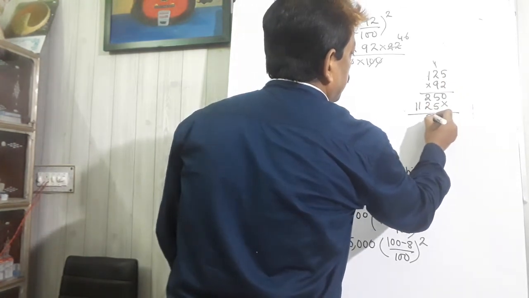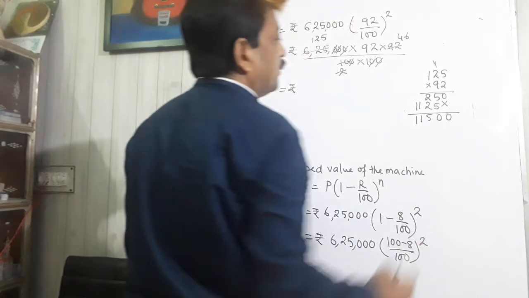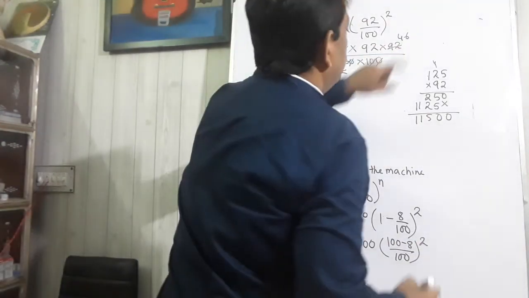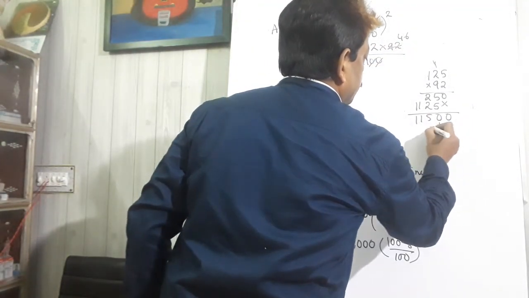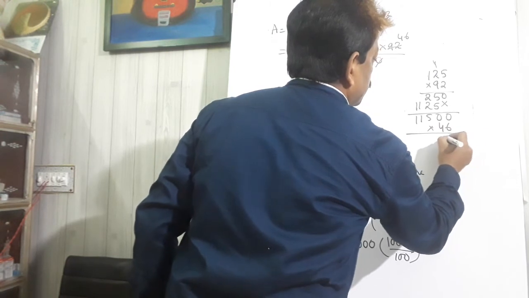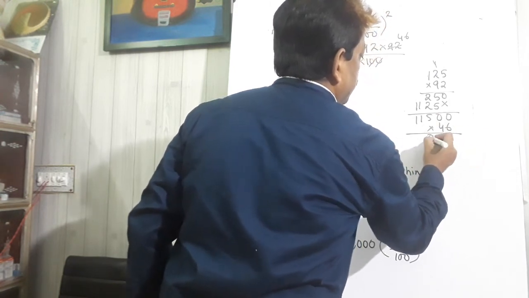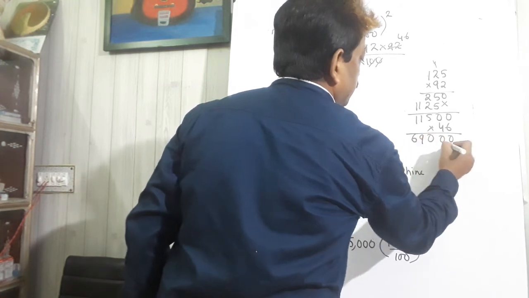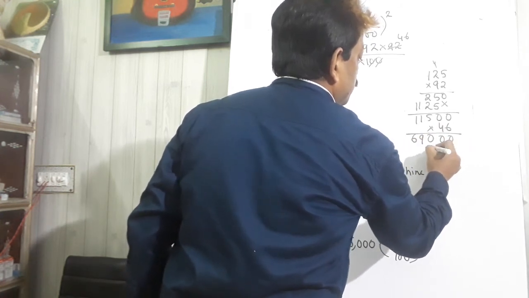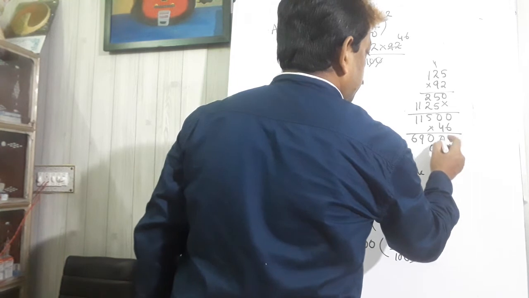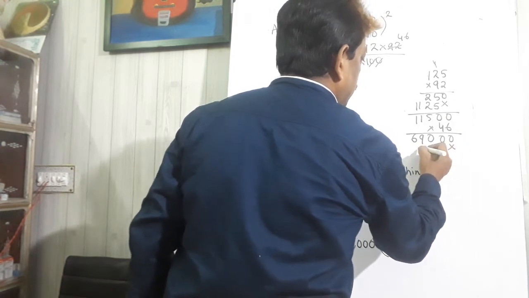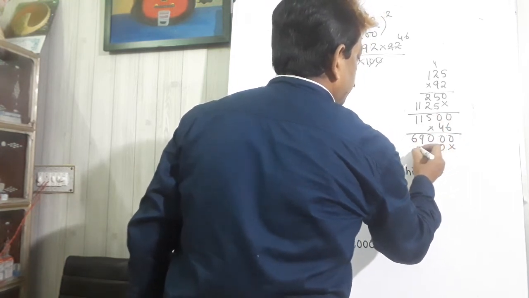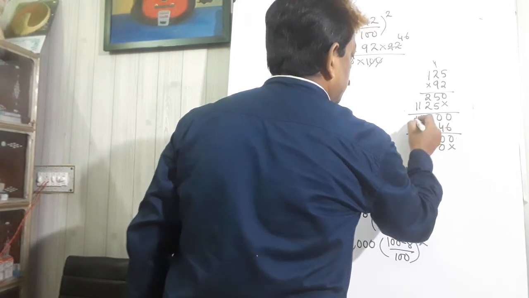So we get 11500, and then multiply with 46. 6 5s are 30, balance 3. 6 1s are 6 plus 3, 9. 6 1s are 6. Then 4 5s are 20, balance 2. 4 1s are 4 plus 2, 6.